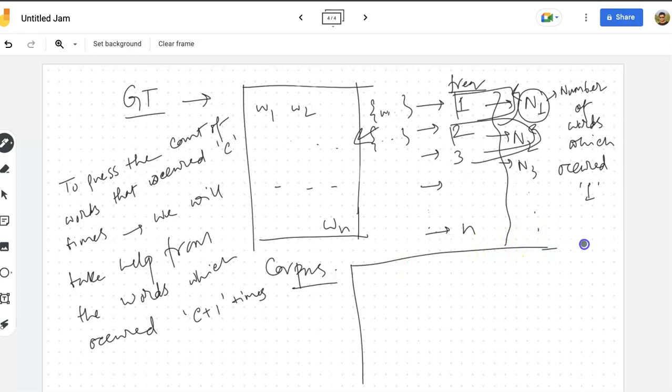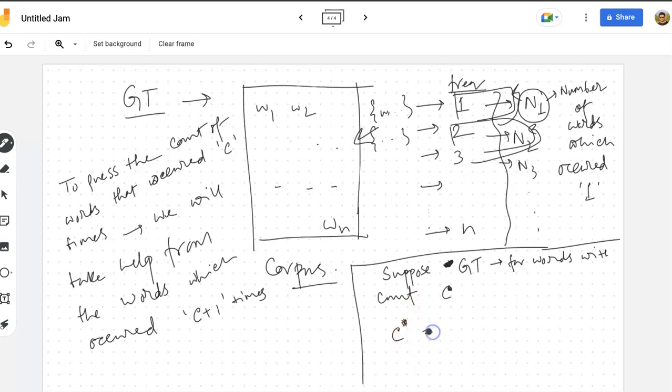The formula is pretty simple. Let's guess the GT for words with count C. Suppose this is the original count. After GT, the original count C will become C star. How will you guess this?